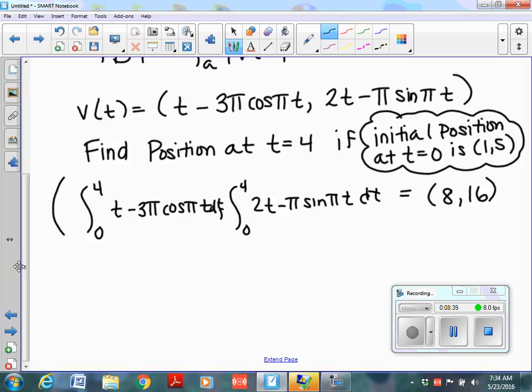Just to kind of give you a heads up, how would you integrate t? It would be t squared divided by 2. This one, you would probably have to go up here and use substitution. I guess I could integrate it.